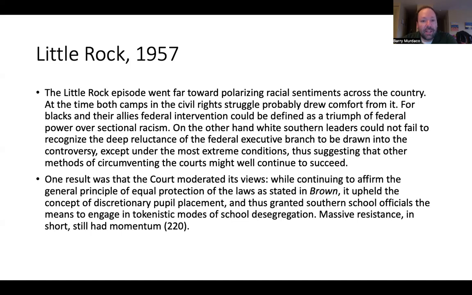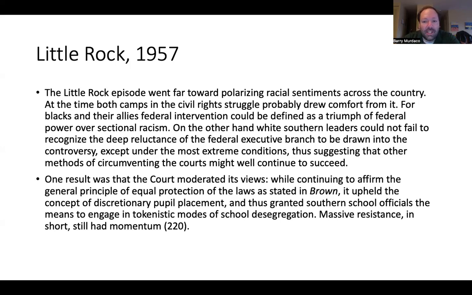For blacks and their allies, federal intervention could be defined as a triumph of federal power over sectional racism, meaning when the federal government finally intervened, literally sending in the army to desegregate and to protect black students going to school. But they were very slow to do so. So this is what they mean. Both sides drew comfort from it.